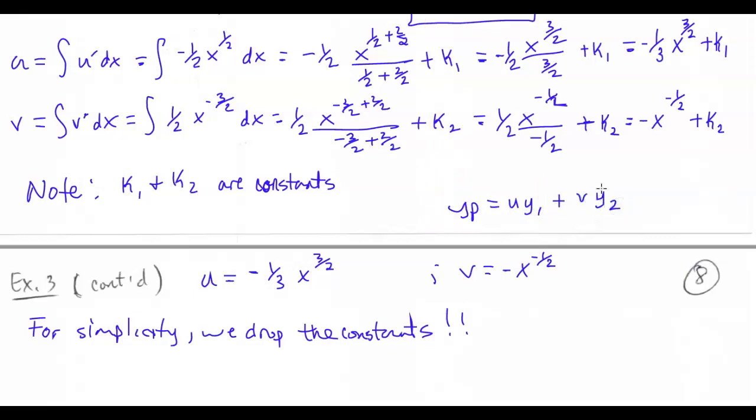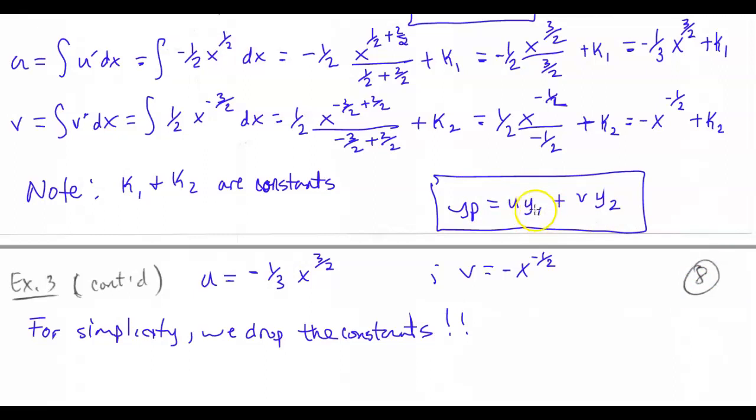And in my part 1 video, I told you that the reason we have this form is because our particular solution is actually coming from performing reduction of order on our non-homogeneous linear equation.